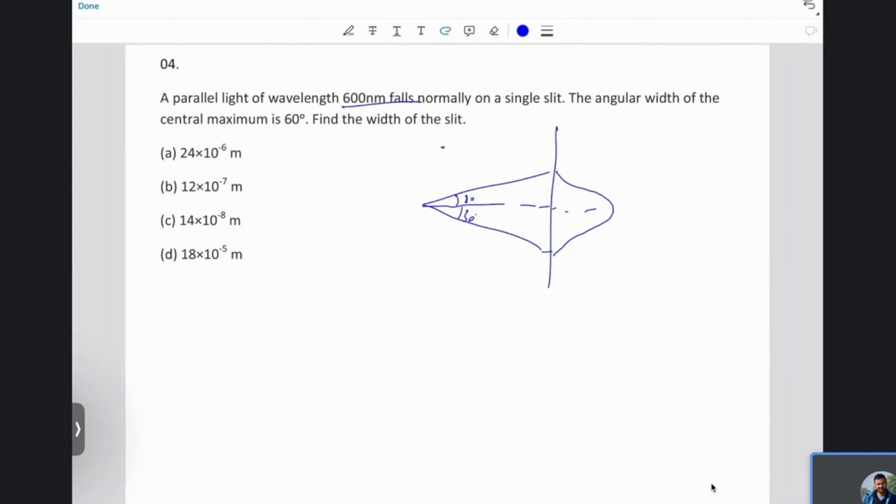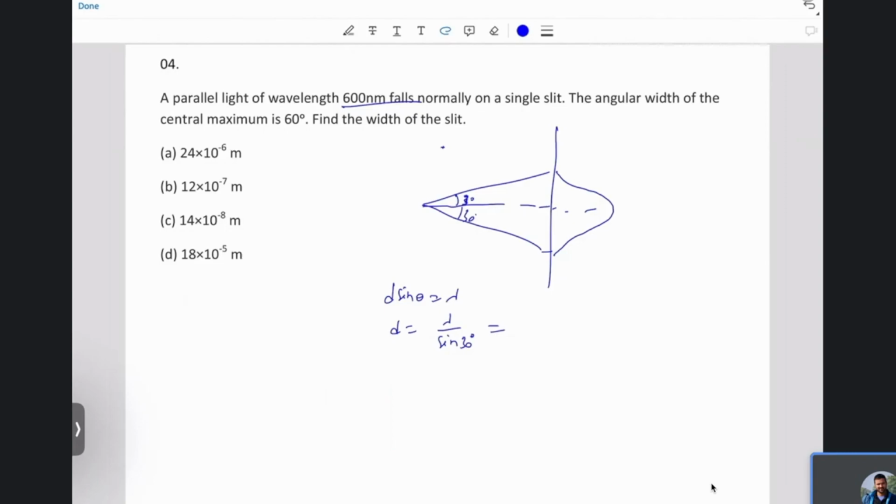So first minima, as we see, d sine theta equal to lambda. This is the condition, right? So d is simply lambda by sine theta, and here theta will be what, 30 or 60? Yeah, this one is theta, right? Not the whole thing.